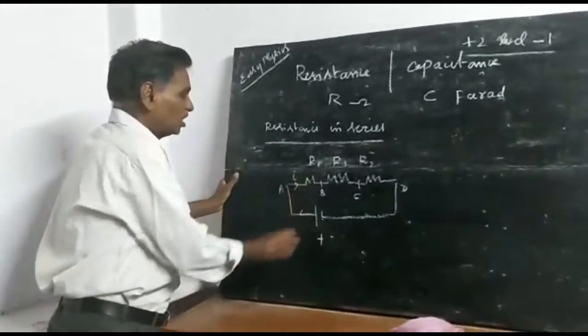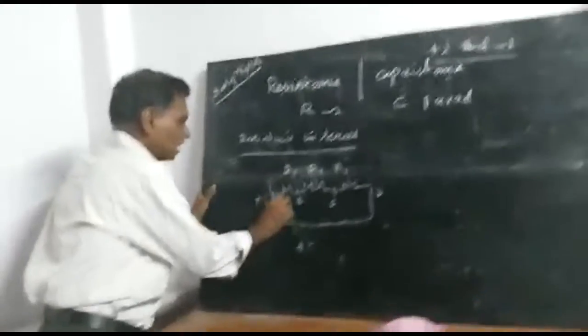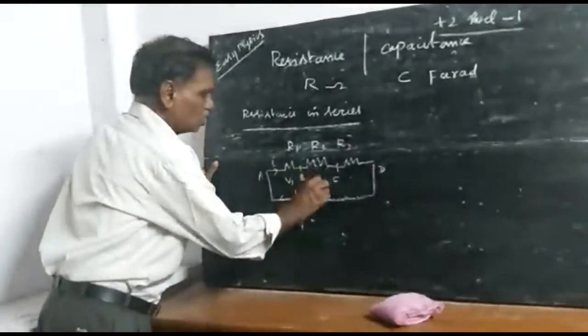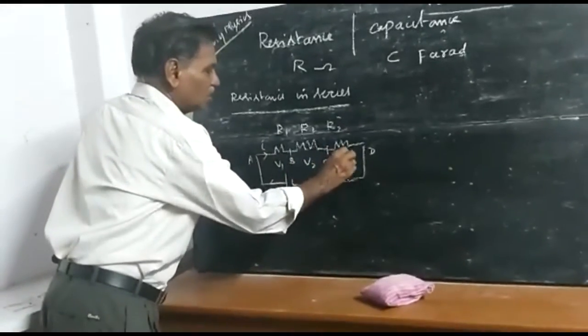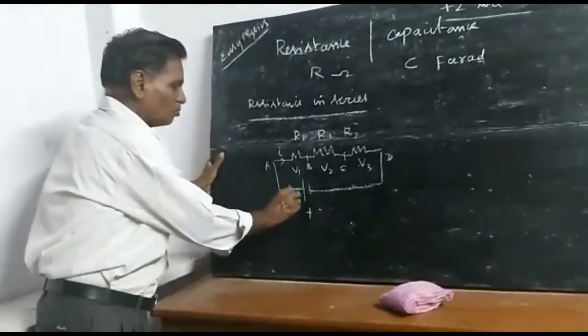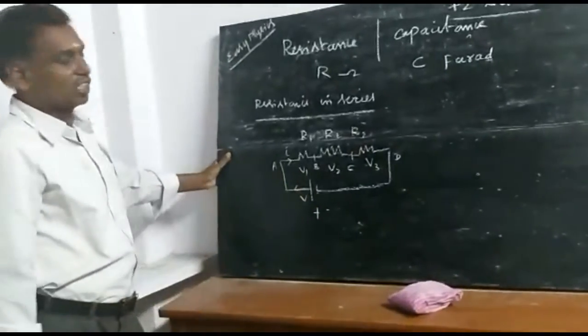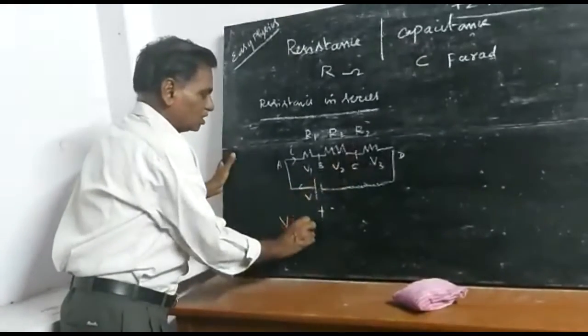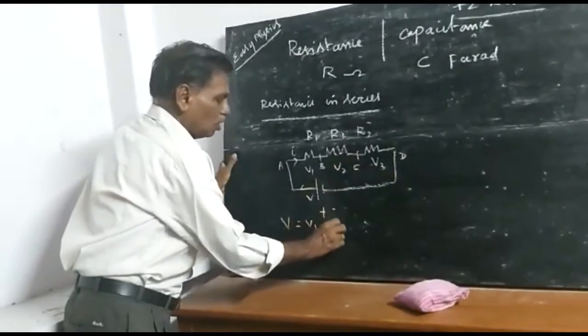The potential between A and B is V1, between B and C is V2, and between C and D is V3. Therefore, the battery supplies the total voltage V, which must equal the sum V1 plus V2 plus V3.